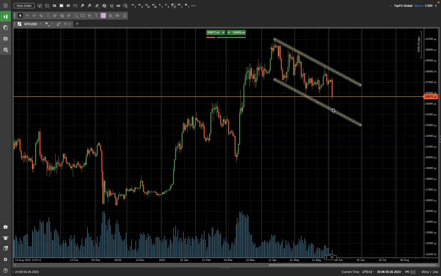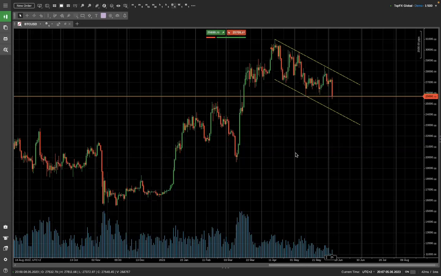So the main idea of the equidistant channel is to display the increasing or decreasing deviation of the trend line. All right. So traders use it to identify both short and long-term trends, which can give some valuable clues to those who use trend following strategies.